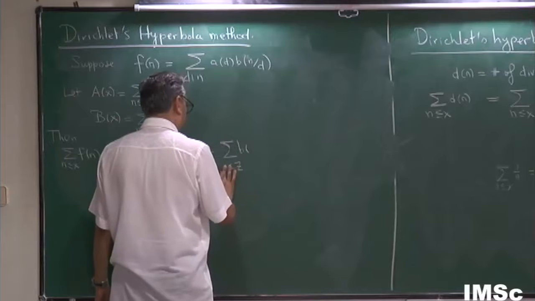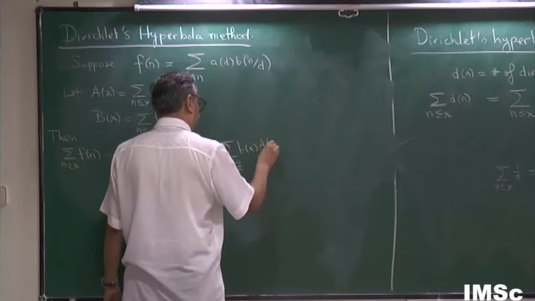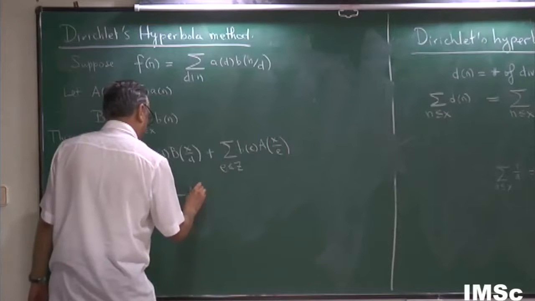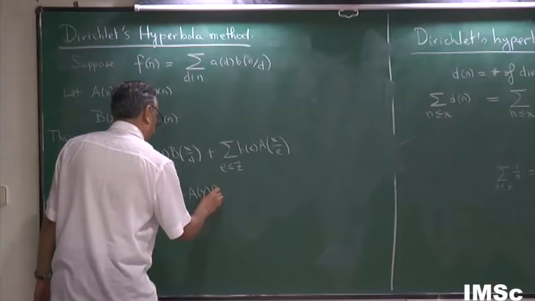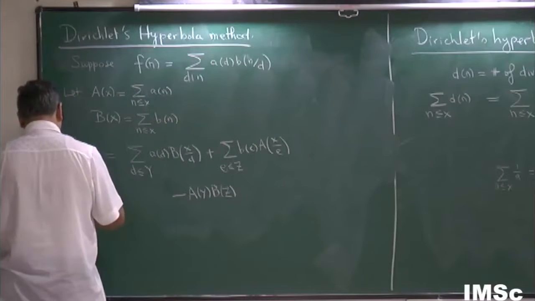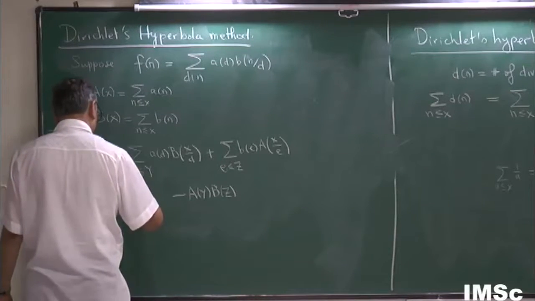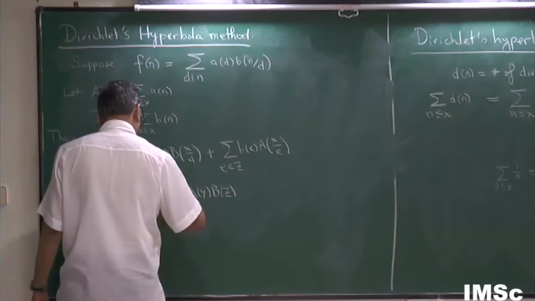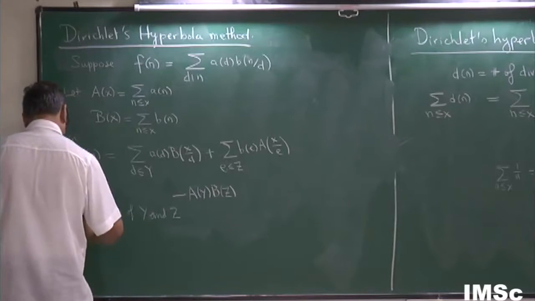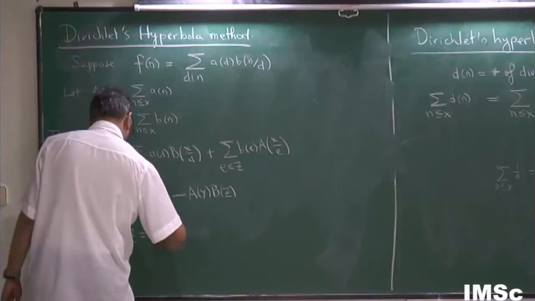If you don't mind, I'll just put the equality here. You'll see in a second why. Not that it matters. Minus A of y times B of z, for any choice of y and z satisfying yz equal to x.